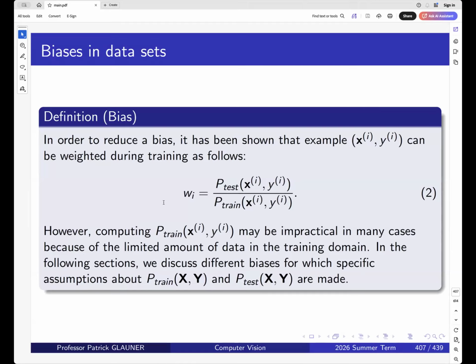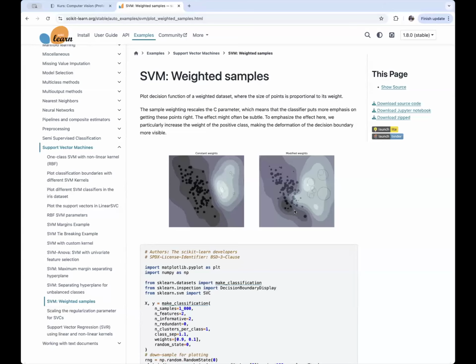I'm just briefly looking for an example in parallel, and I will screen share this now. I've just found an example spontaneously in scikit-learn, just the first one I found. We have a support vector machine, which is one of many models in scikit-learn.